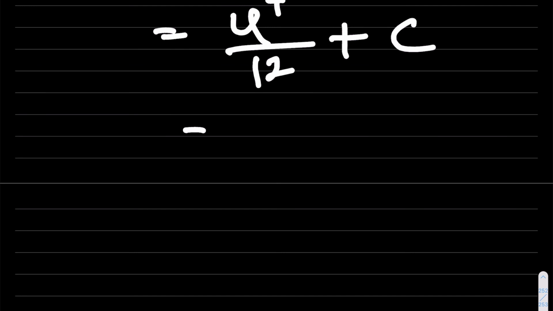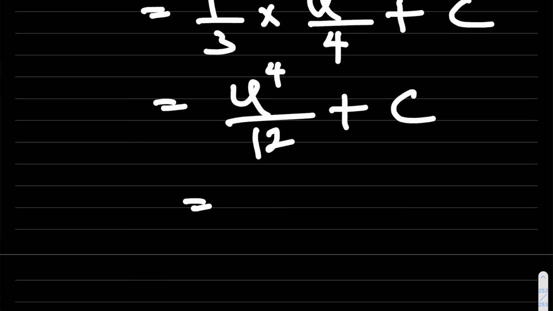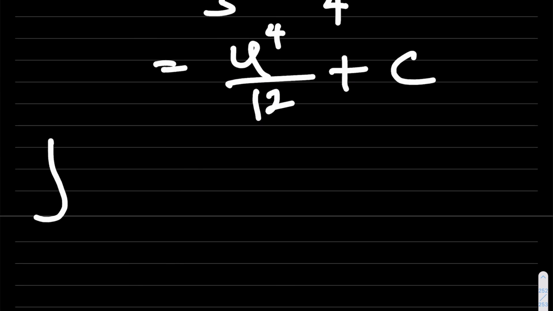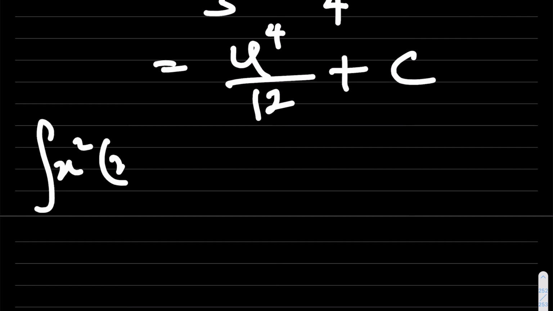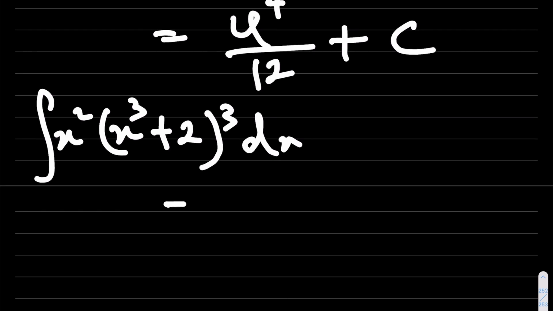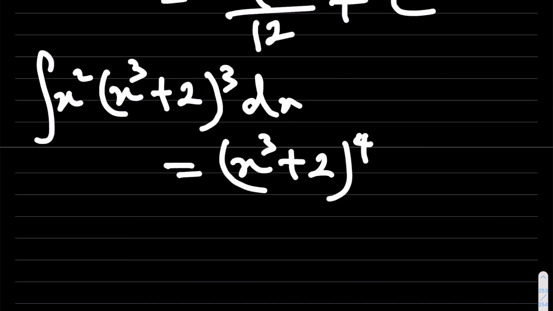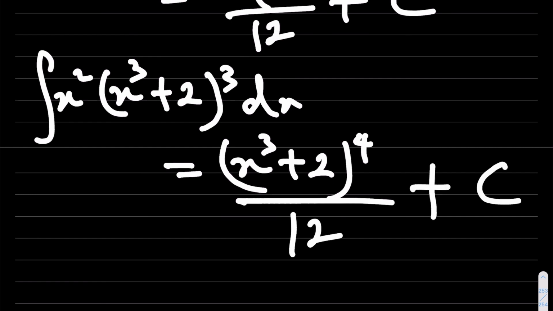And what is u? U is x cubed plus 2. So the integral of x squared into brackets x cubed plus 2 raised to power 3 dx is equal to x cubed plus 2 raised to power 4 over 12, plus c.